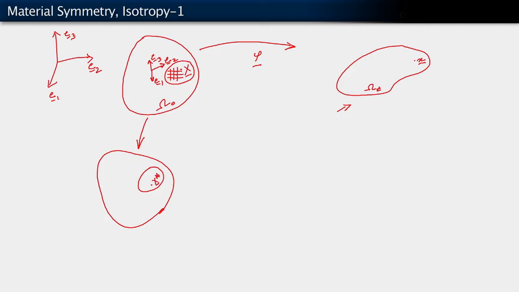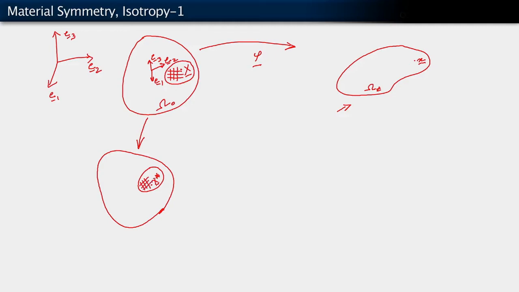Okay, and what has happened in my applying a rigid motion on this reference configuration is that the microstructure I drew in the neighborhood around X has suffered a rotation. Okay, and a translation, of course, but a rotation for the microstructure is more important here. So this is what that microstructure looks like now.